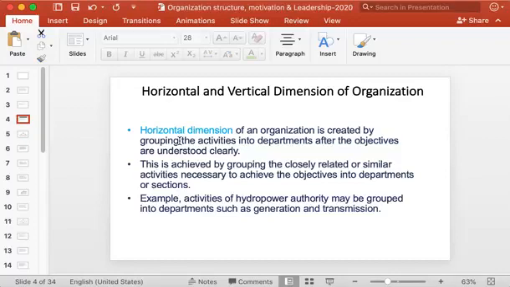This is achieved by grouping the closely related or similar activities necessary to achieve specific objectives into departments or sections. For example, activities of hydropower authority can be grouped into departments such as generation and transmission.